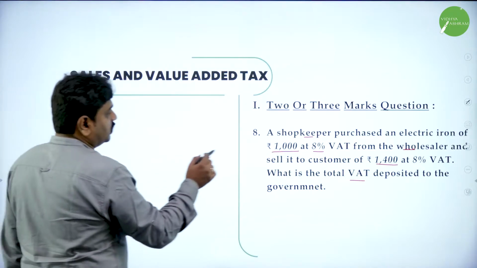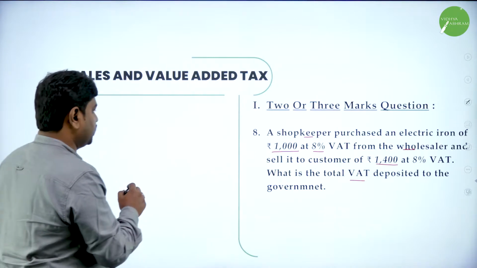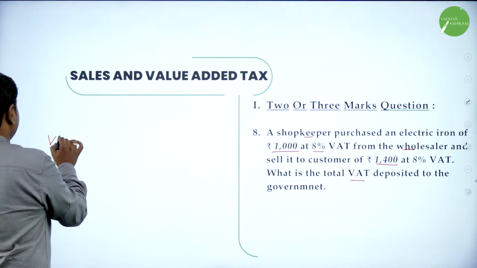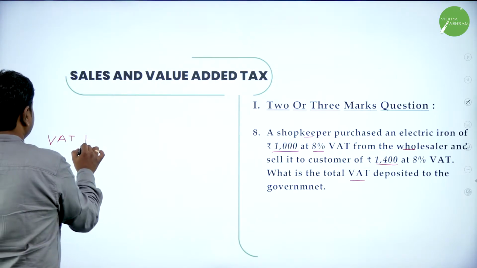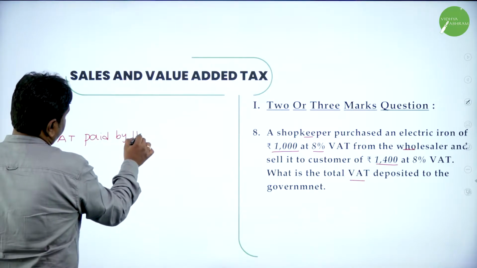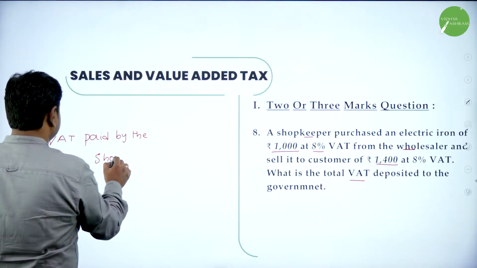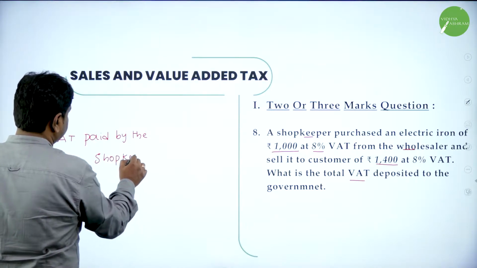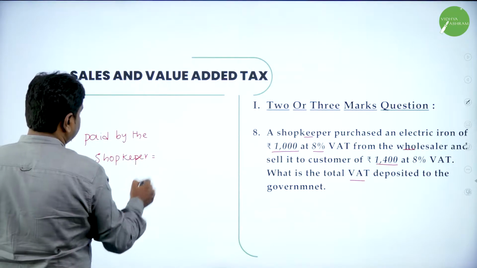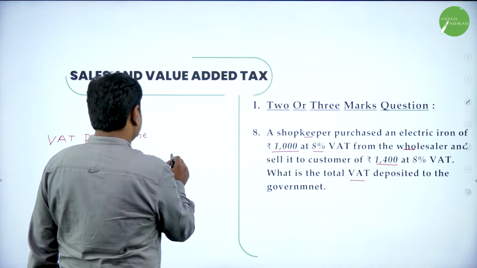So now see, first shopkeeper purchased. So VAT paid by the shopkeeper is equal to 8% of the total amount.